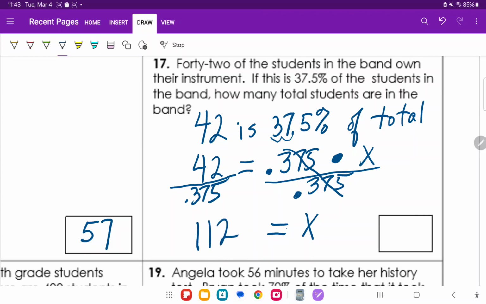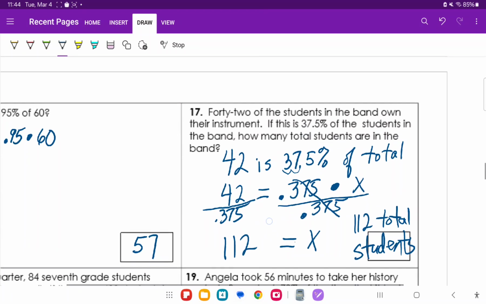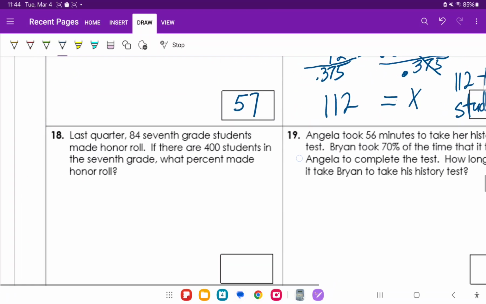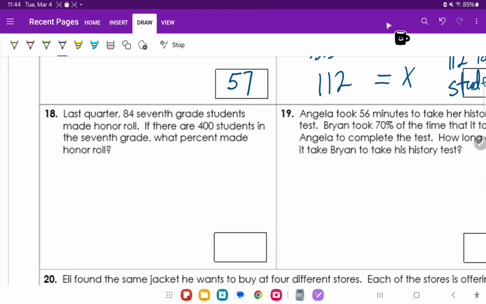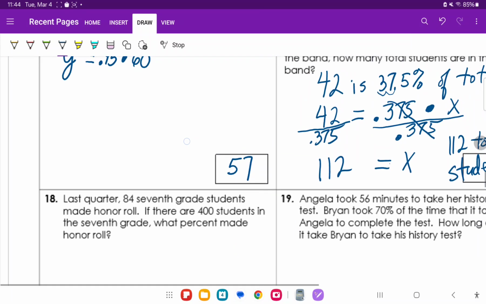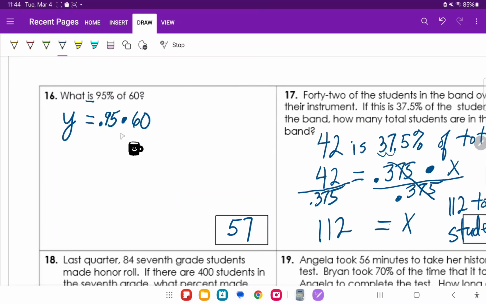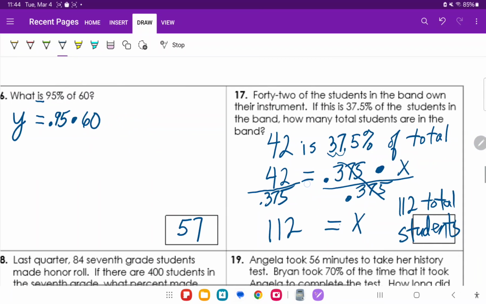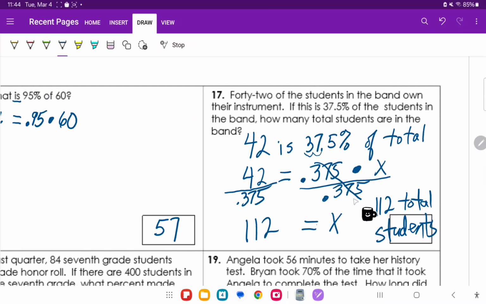Since a word problem needs to have words in the answer, that is 112 total students in the band. Okay, we'll go over that again on these next problems. So on the first one, all we had to do was multiply those together. On this one, we had to do some division, so the X was by itself.